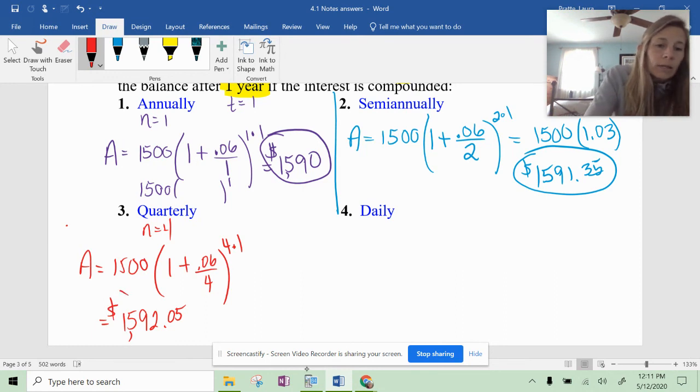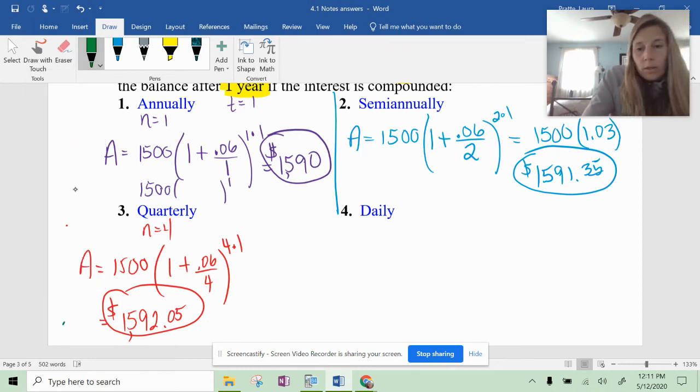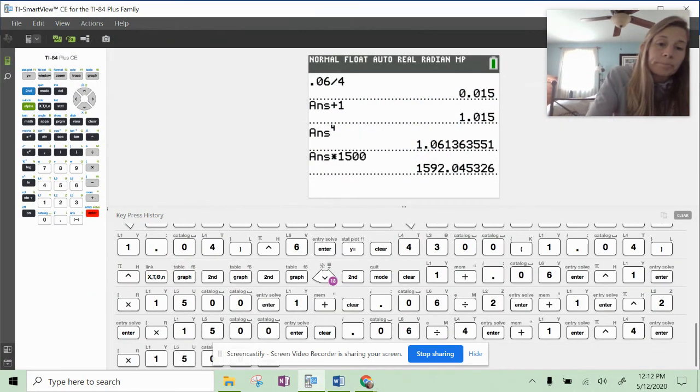And then finally, we're going to do this for daily. When it's daily, that would be 365 times. So 1,500 times 1 plus 0.06 over 365. And then that's 365 times 1. And we're going to put that in our calculator.